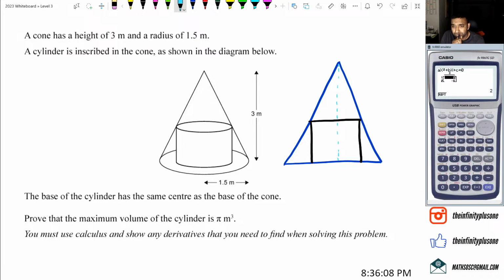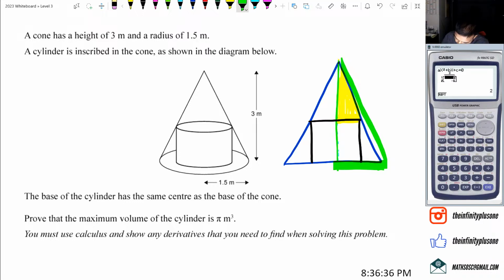similar triangles. If you haven't done similar triangles, it can get tricky, but what I mean by similar triangles is this. See how you've got this yellow triangle here? This yellow triangle is similar to that green one.